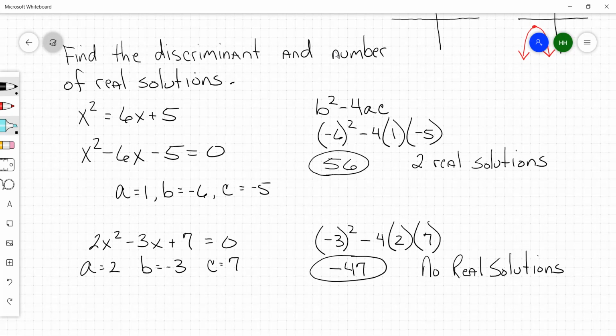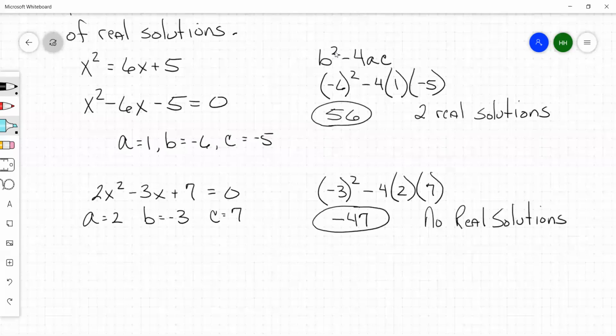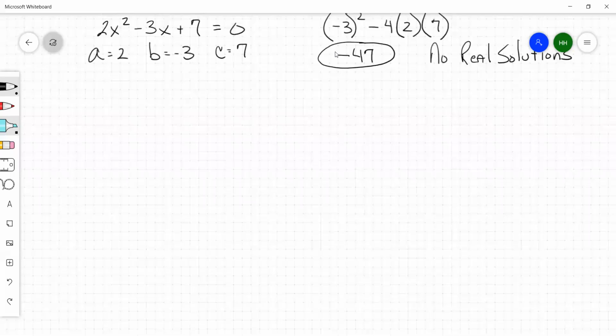Any questions? Using the quadratic formula to solve equations, and then using the value of the discriminant to determine how many solutions there are to the function. All right, so your practice for today is going to be on page 245.